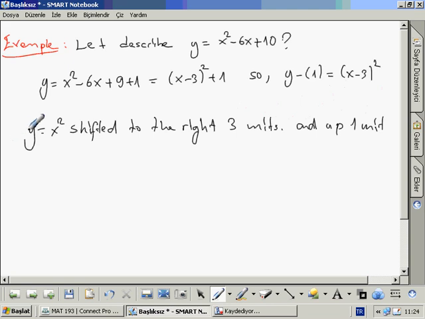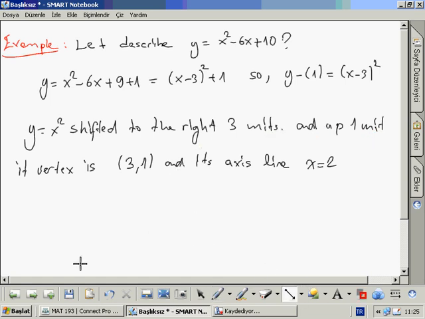Therefore its vertex is 3, 1, and its axis line is x equals 3.